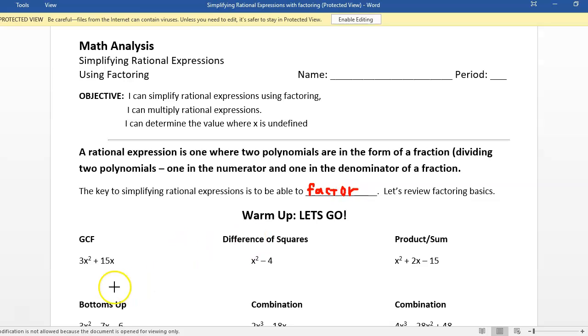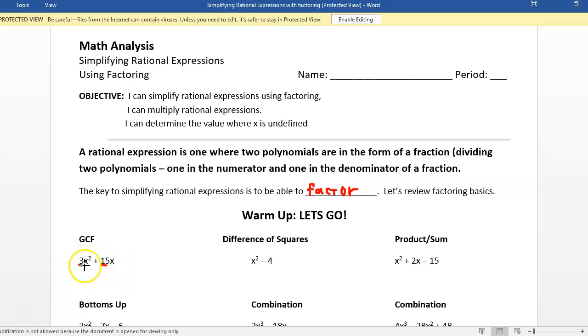All right, let's review the factor basics. The first factor pattern that we went over was the GCF method, and that's where we looked at a polynomial and we looked at the coefficients. We decided what number could divide evenly out of those coefficients, right?